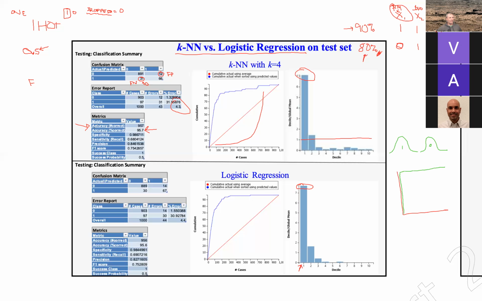And then there's generally a trade-off. When you don't have a perfect prediction and you try to decrease the false negatives, your false positives get worse. And when you try to decrease the false positives, the false negatives get worse. That's essentially what you're tuning this number for, whether you want to minimize that or that.